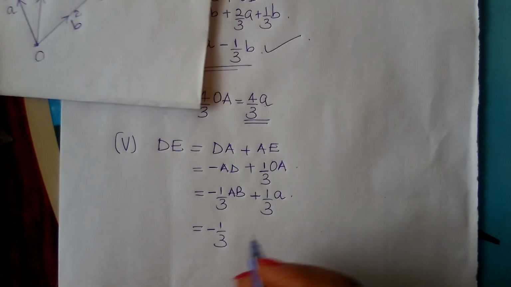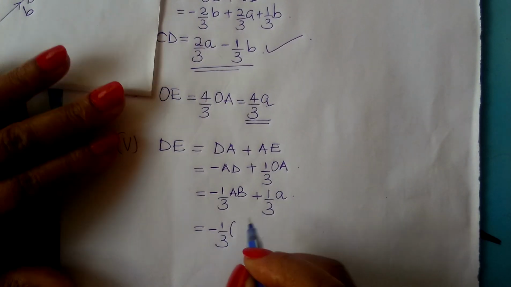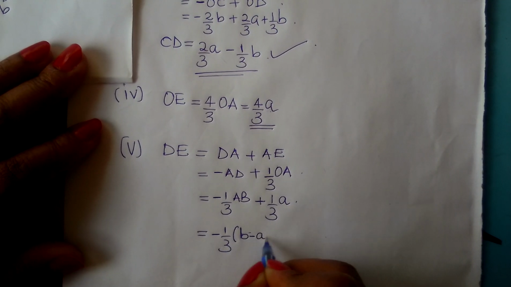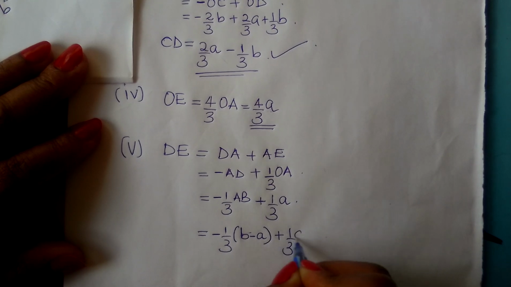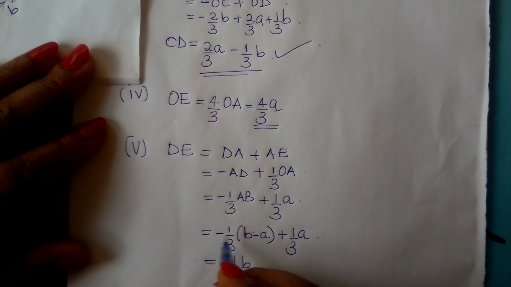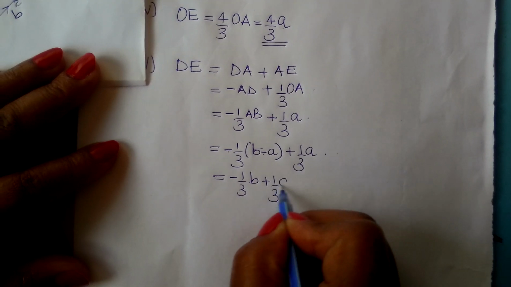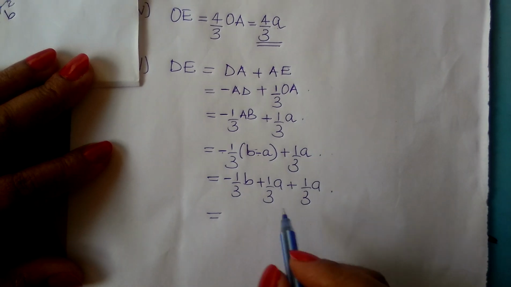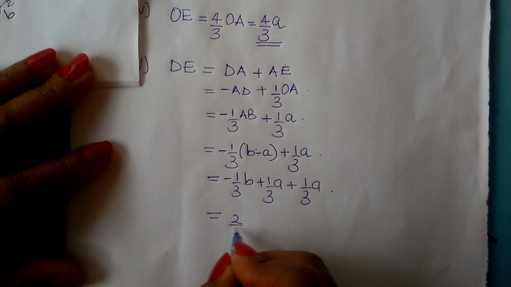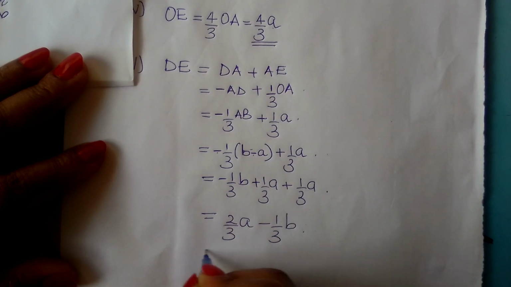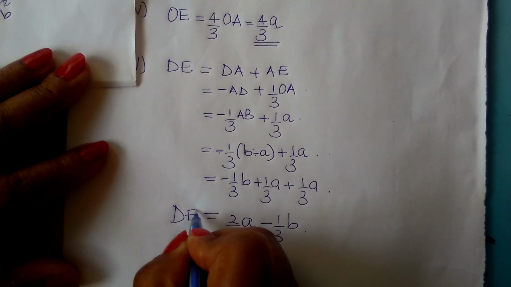AB is B minus A. We had calculated that in Roman 2, which is small b minus A plus a third of A. So you remove this bracket, you get minus a third of B. Minus times minus, learner, is a plus. So plus a third of A plus another third of A. Put the like terms together. A third A plus a third A is 2 over 3A minus a third of B. And so this is your DE.